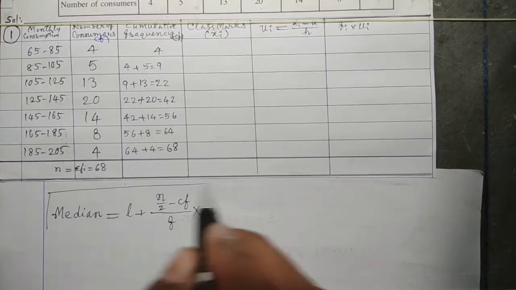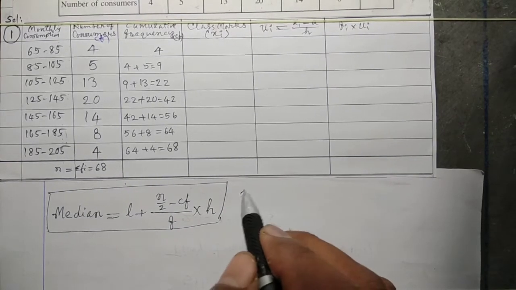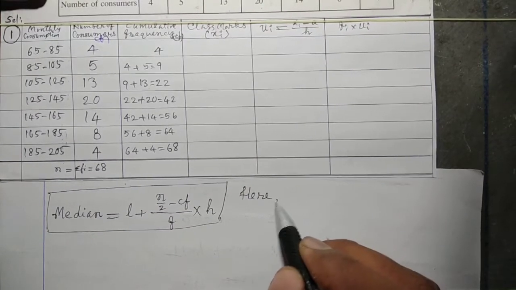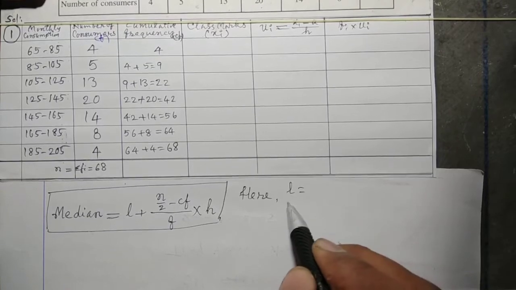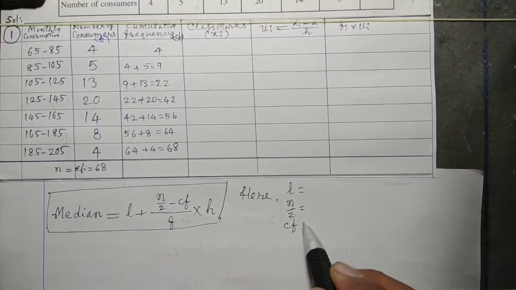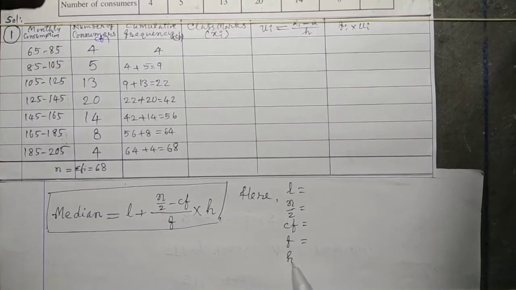This is the formula to find the median. In this, we have to know L, n by 2, Cf, small f, h.